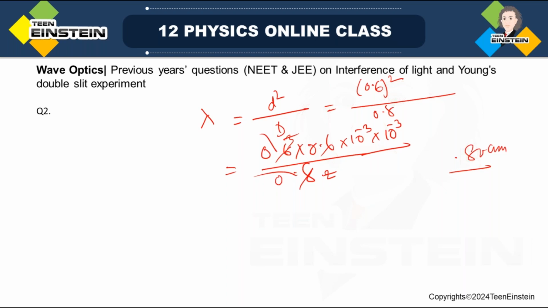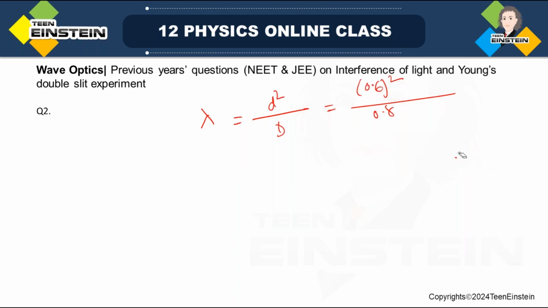Alright, I think I'll just redo the calculation. 0.6 into 0.6 divided by 0.8. Here it will be 10 to the minus 6 as well.